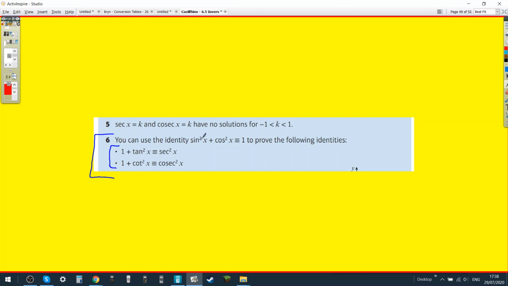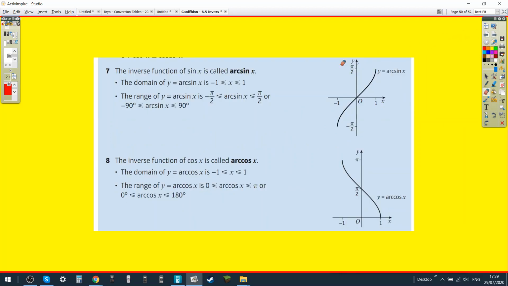So this one here, sine squared x plus cos squared x is identical to 1. You divide everything by sine squared x to get one of them. And then to get the other, you divide everything by cos squared x. That's where they come from.